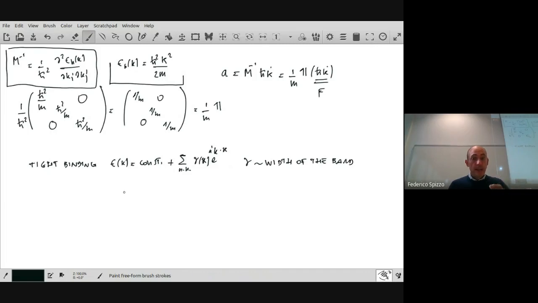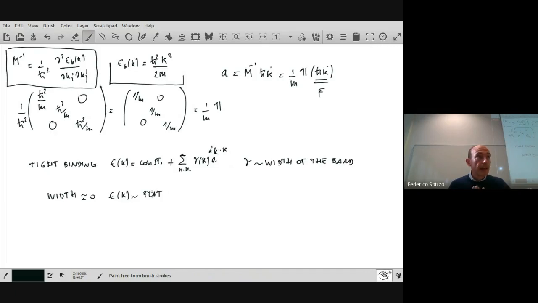So if we look at the same result using the mass tensor approach, if the width of the band is small, this means that the energy versus wave vector dependence is nearly flat. So you have a small variation between the center of the band and the border of the band.